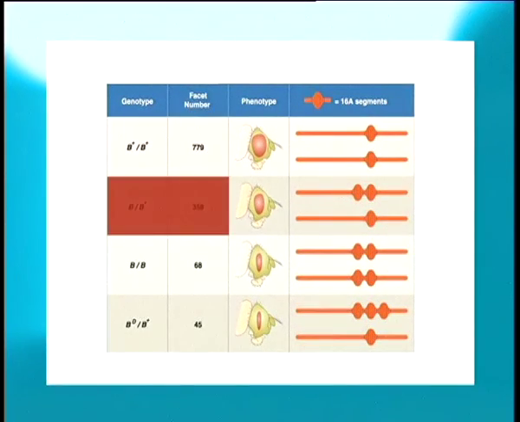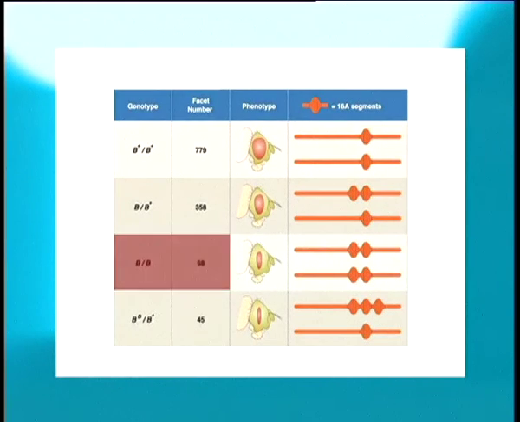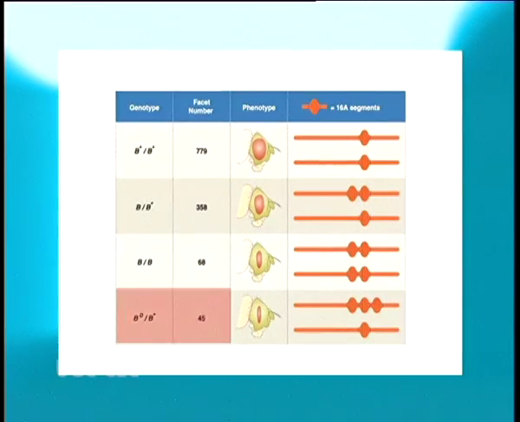Heterozygous females have about 350 facets, while homozygous females average only about 68 facets. Females are occasionally recovered with even fewer facets, that is 45, and are designated as double bar.